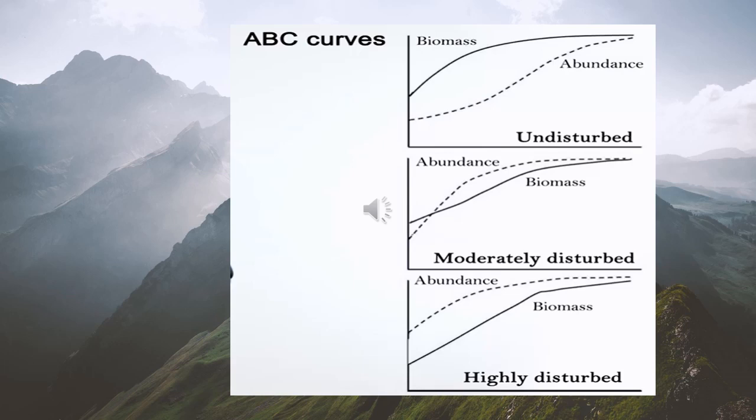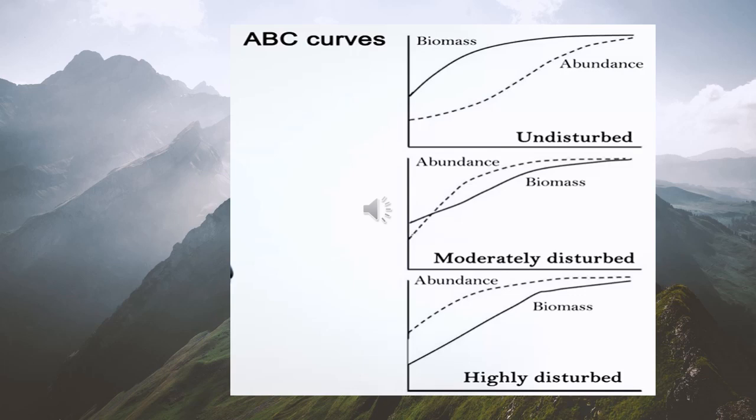In the intermediate disturbance site, instead, you will see that the two curves cross many times. It means that abundance can sometimes be higher than biomass, and this is because some species grow faster than the others because the site is disturbed.